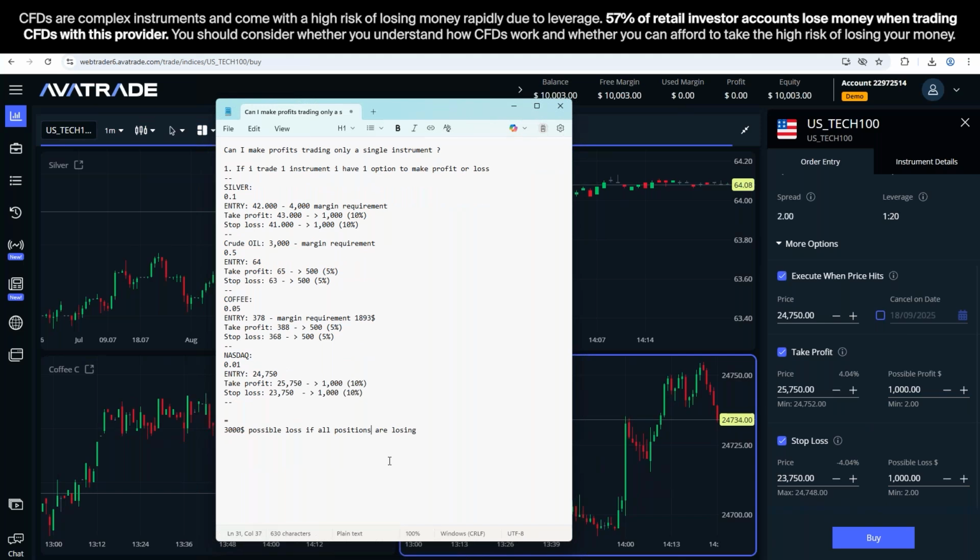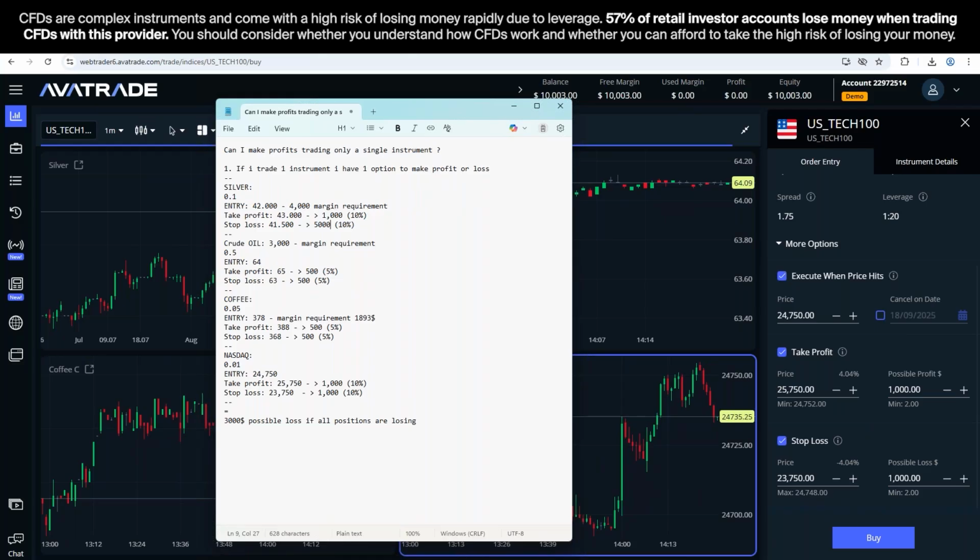Okay, now what if we play with the ratio to be 1/2, or we can call it 1-to-2, as an example. Let's suppose that for silver, instead of a 1-to-1 ratio, we get the stop loss a bit closer to the entry, which will slice the possible loss by half.